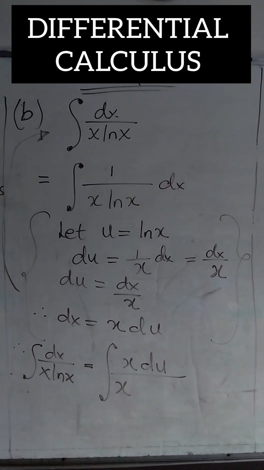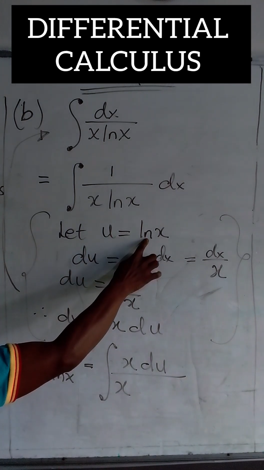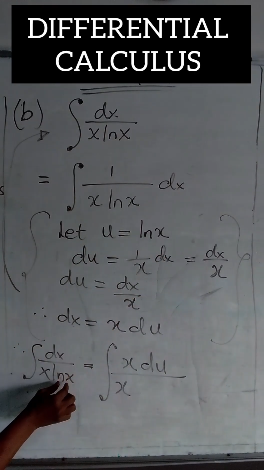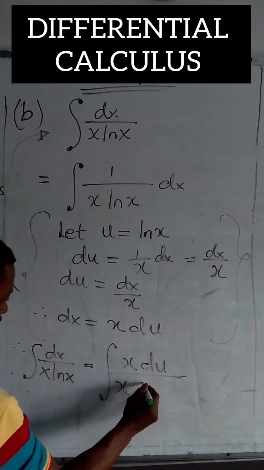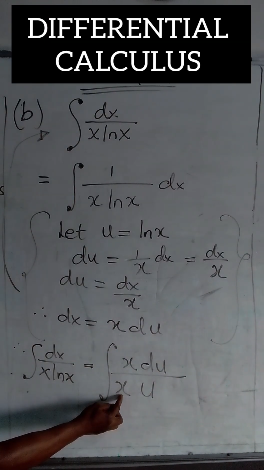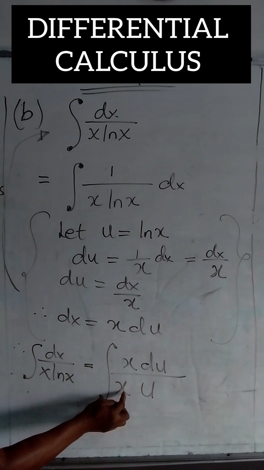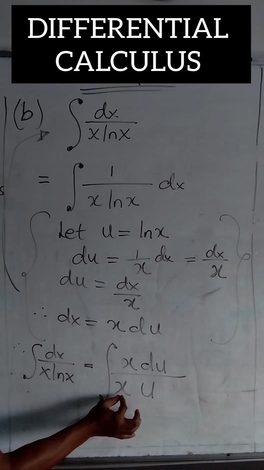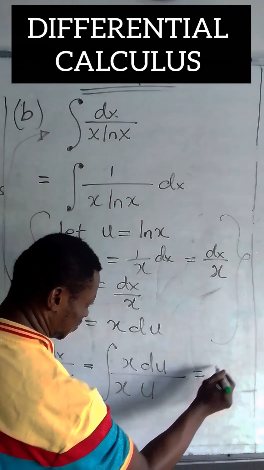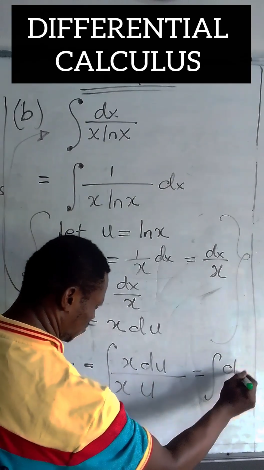Remember, we said our fashionable function was u. So u stands for ln x. In this ln x, we put u. Now this function can be reduced, noticing that this x and x cancel off. So you will have du over u.